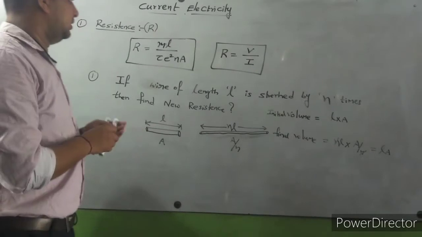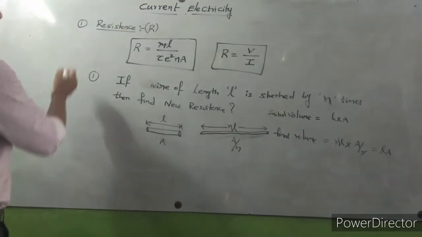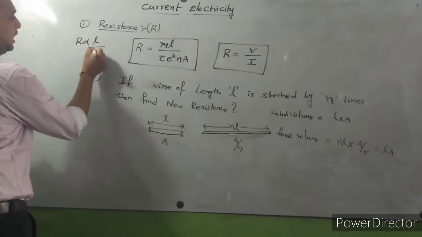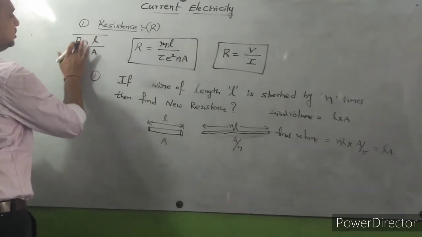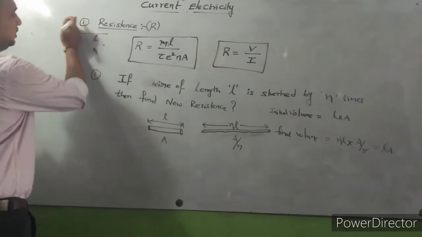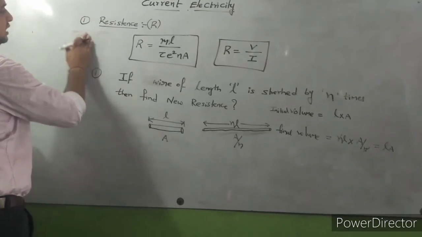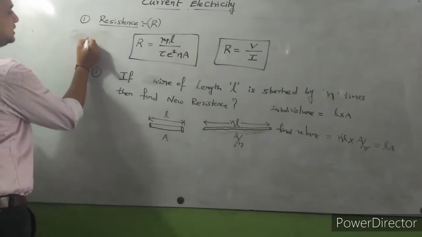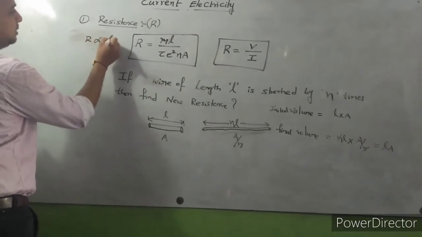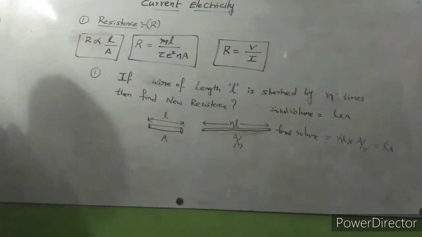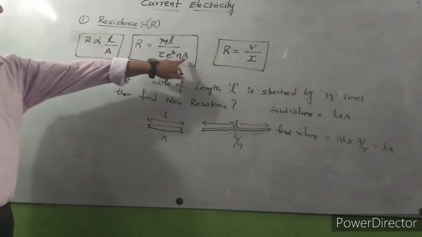From this, observe carefully: resistance is directly proportional to length and inversely proportional to area. So resistance is directly proportional to L by A.